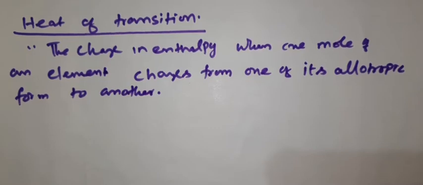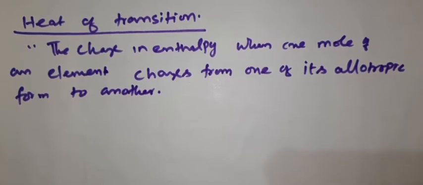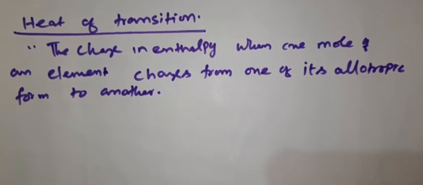For example, carbon has diamond and graphite forms. When it changes from one form to another, the change of enthalpy we calculate is called heat of transition.